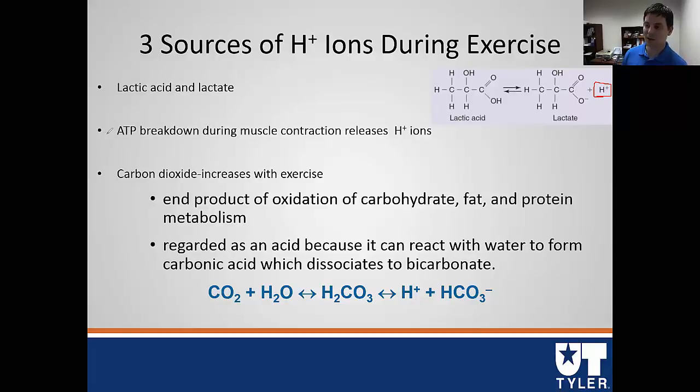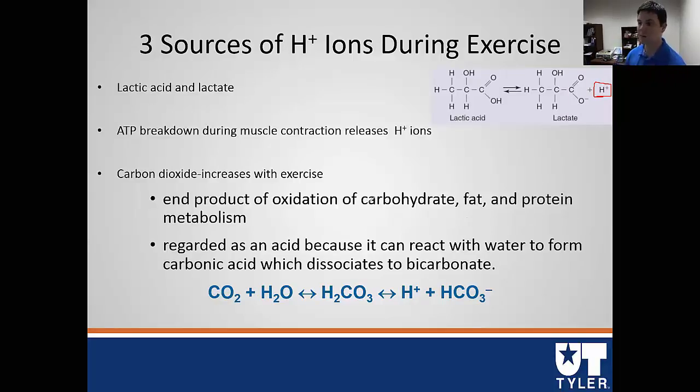Right? We also know and have talked about that the breakdown of ATP for muscle contractions releases hydrogen ions, which of course add to the acidity. And then last but not least, carbon dioxide, which is increased with exercise because it's the end product of the oxidation of fat. Right? You remember that for each carbon in that glucose, so 6 carbon molecules, we ultimately produce 6 CO2s, and the same happens for fat.